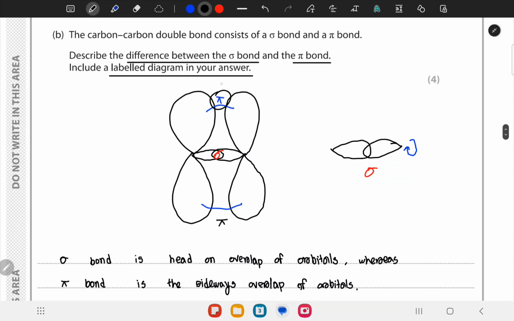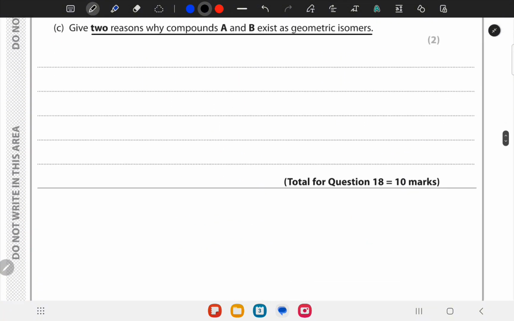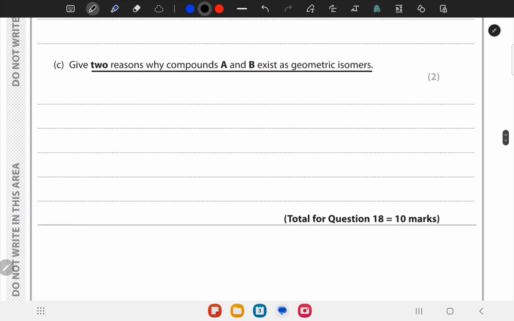So if there are pi bonds involved, or double bonds or triple bonds, we have restricted rotation, and the restricted rotation causes the geometric isomers to form. So for questions like this, we'll write that there is restricted rotation about this carbon-carbon double bond.